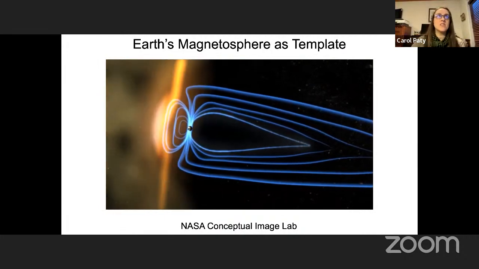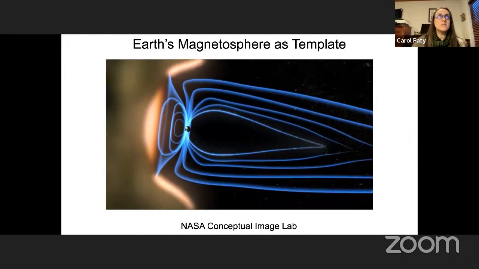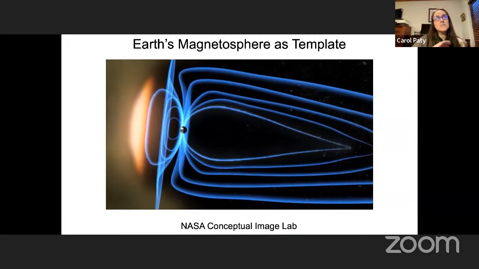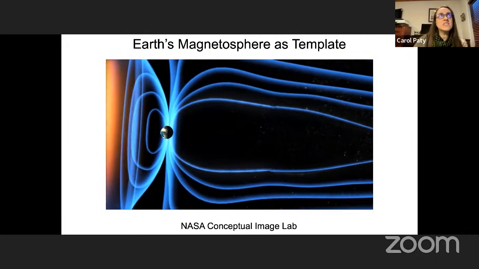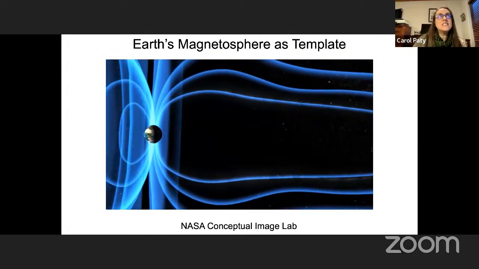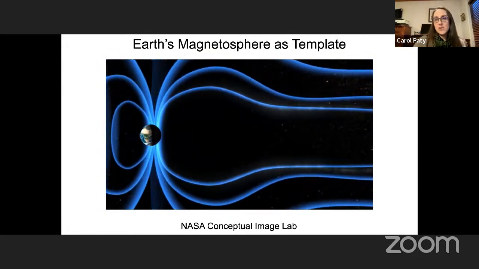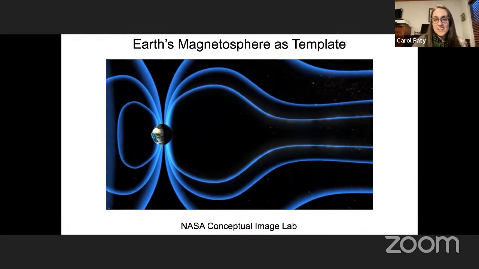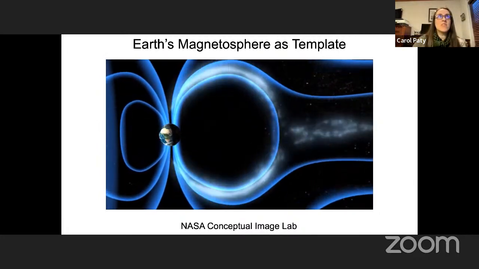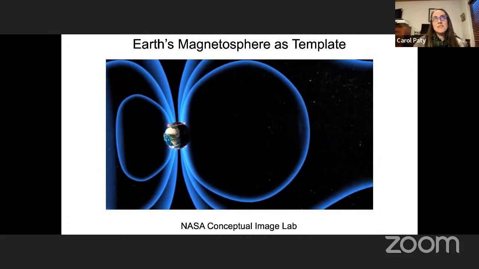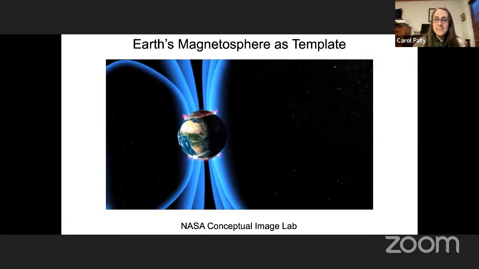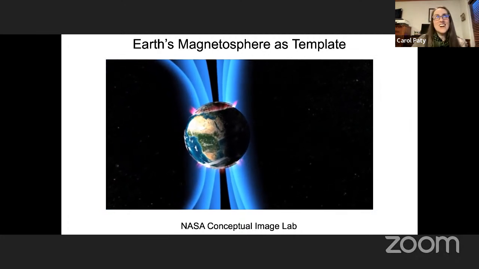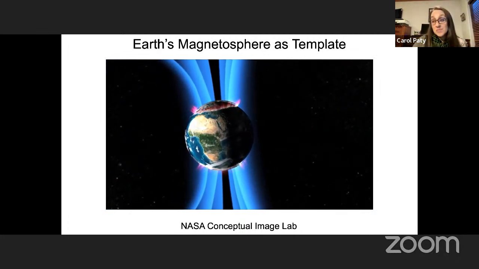And this little animation from the NASA Conceptual Image Lab is really nice because it shows that solar wind smacking into this magnetic obstruction, creating a shock. And then through the wonders of magnetic reconnection, we see a reconfiguration of the Earth's magnetic field due to that magnetized solar wind. And what that does is it perturbs the magnetic environment around the Earth, accelerates plasma, and leads to phenomena that are maybe more near and dear to our hearts, phenomena like the aurora.